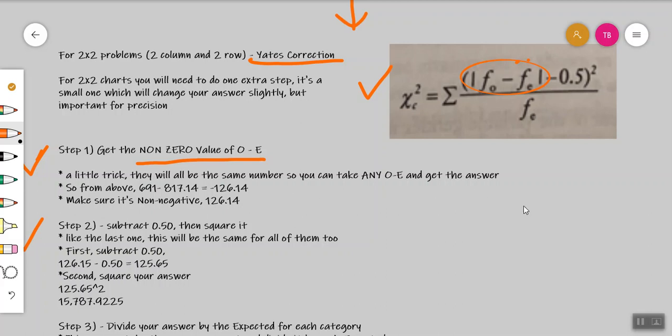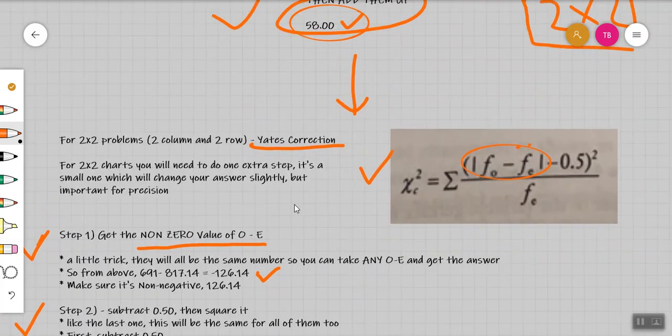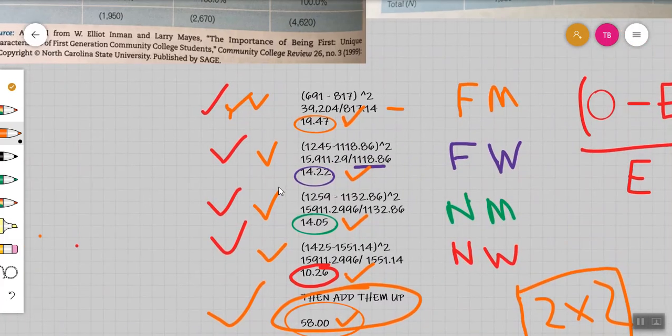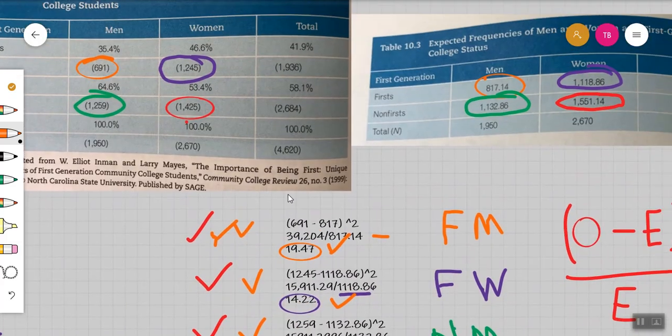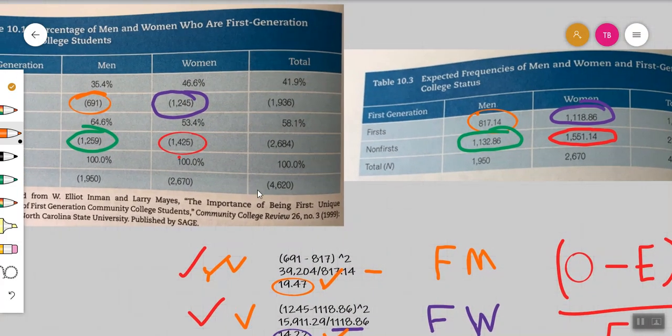The reason I say it's the same number, I'll go through 2 of them to show you what I mean. From above, you take any observed minus expected. So let's go back up and look at any of our numbers. Let's take this one right here.